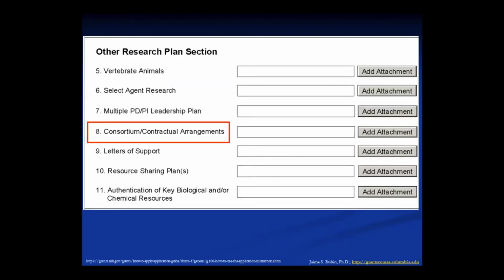Moving along. Suppose one of the investigators, one of the MPIs or co-investigators, is at another institution. They have a special expertise, a special research resource. That's fine. You would just set up what's called a consortium or subcontract arrangement between your institution, because you're the PI, and the institution of that other co-investigator.